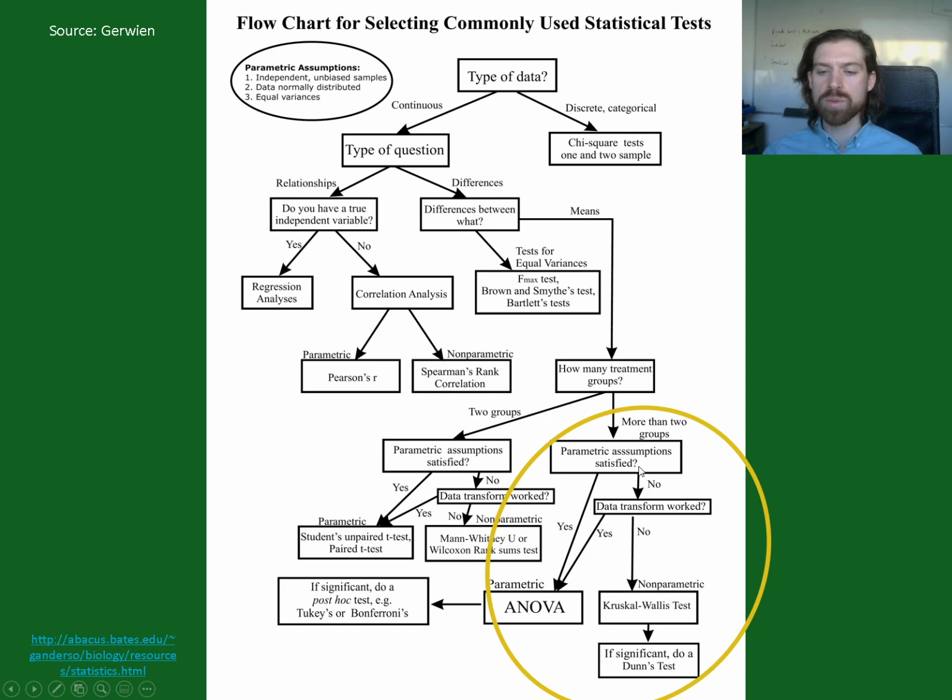Do they conform to parametric assumptions? If they do, then we're able to use analysis of variance, as we're going to cover today, as the first test. If they don't, you have a non-parametric test. Maybe the data don't conform to the assumptions, which include normally distributed data or equal population variance, and therefore we would potentially downgrade that data to ordinal and use a non-parametric test such as the Kruskal-Wallis test.